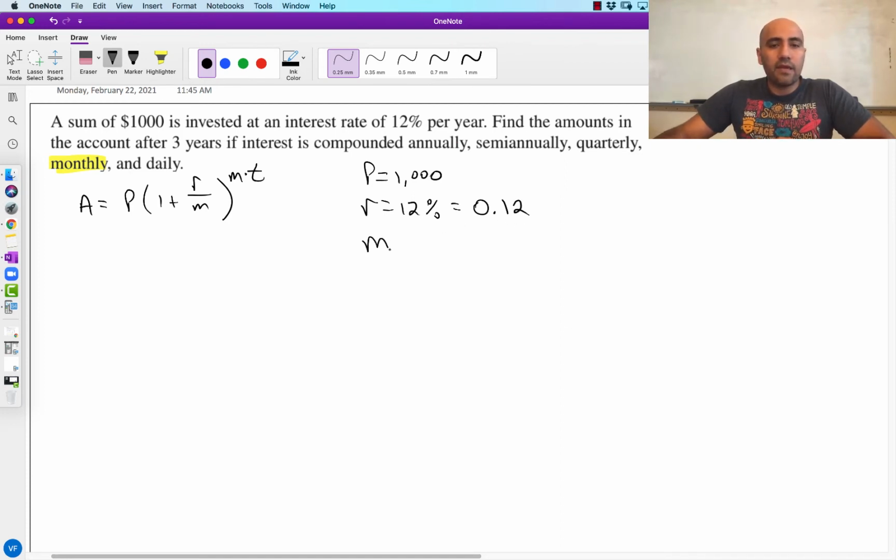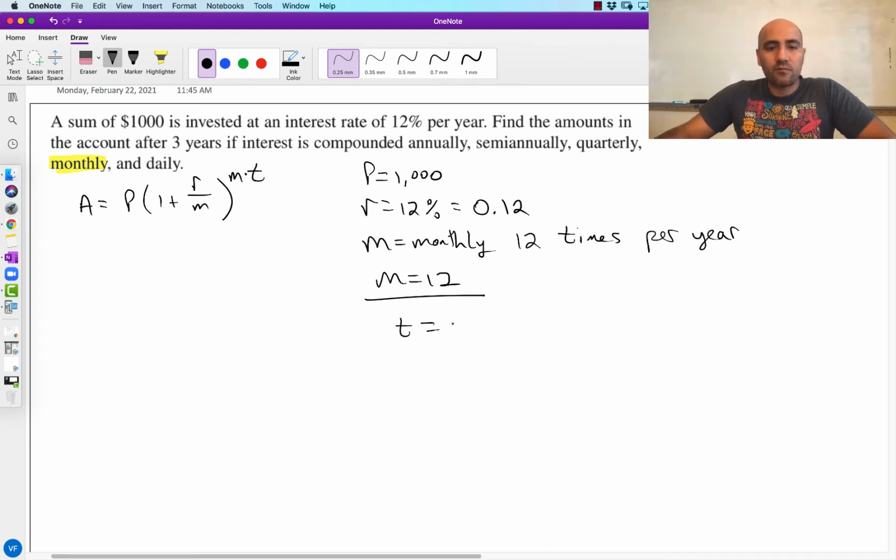And then M is monthly for this case, which means that it happens 12 times in 1 year, 12 times per year. Okay, so M is just going to be equal to 12. Then T is 3 years, 3.